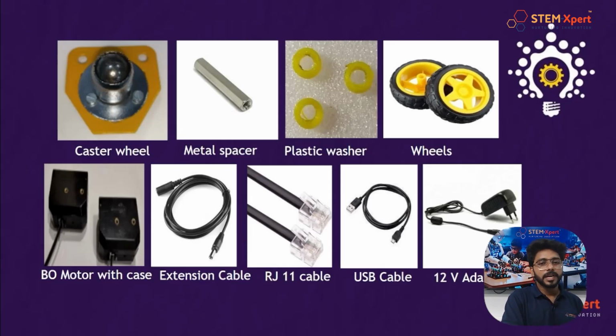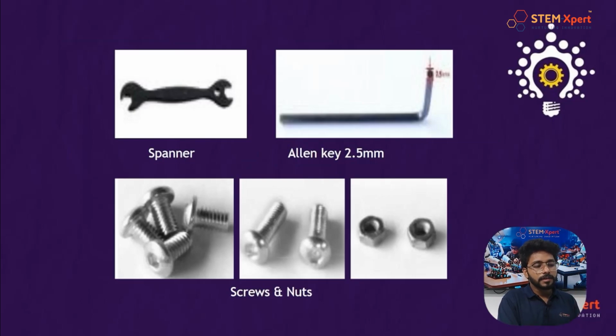When it comes to the other parts, there you can find caster wheel, metal spacer, plastic washers, wheels, BO motor with case, extension cable, RJ11 cables, USB cable, 12-volt adapter. These many things will be there, and spanner, Allen key, and screws and nuts. Understand? You can take everything out and follow my instruction and do accordingly. Fine? Great.